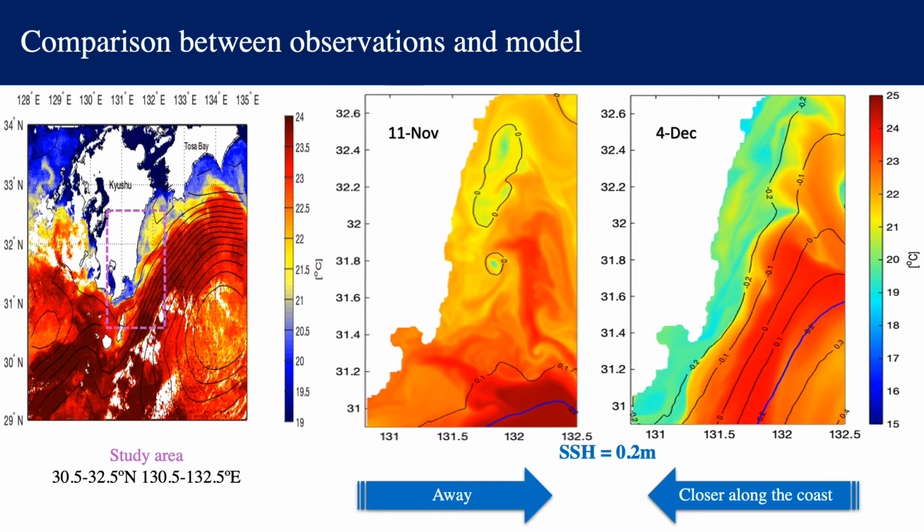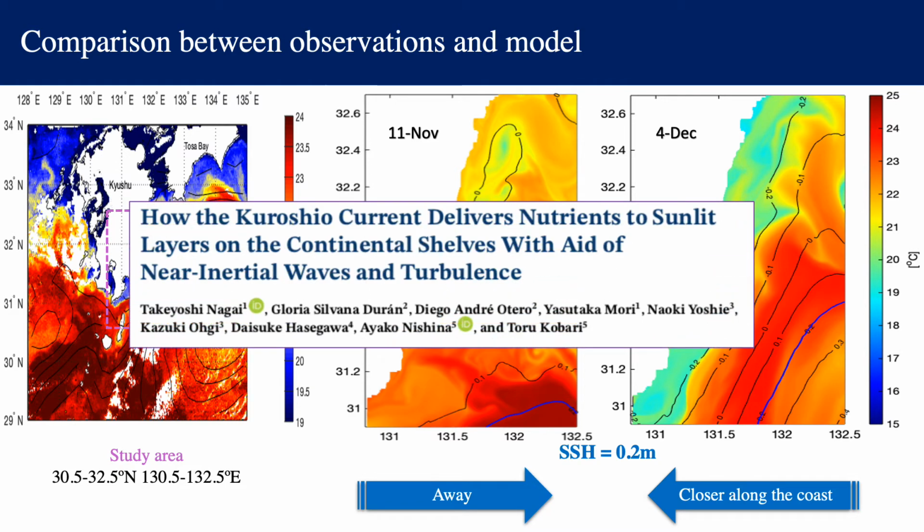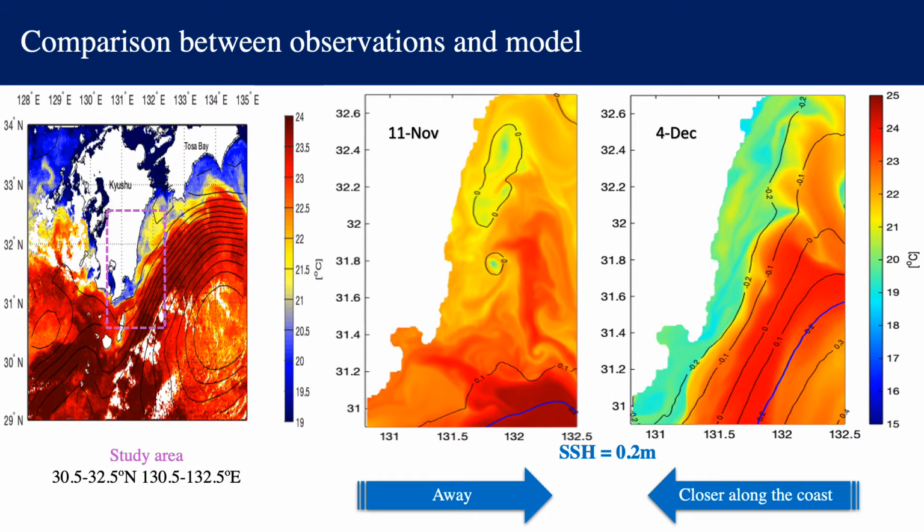In order to contrast the representative states regarding the Kuroshio distance along the shore, plan views of temperature at the surface are shown from observation from the paper mentioned beforehand and the model.